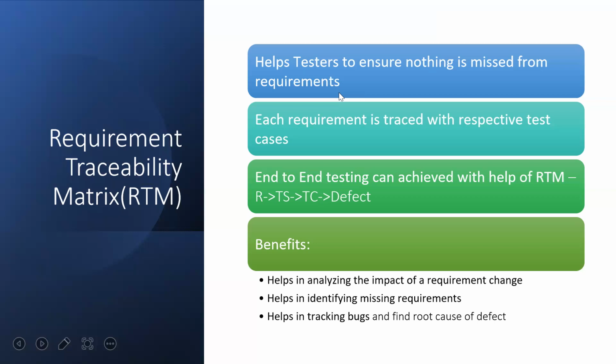Hope you understand, right? Do you people understand? So it helps testers to ensure nothing is missed from the requirement. Now each requirement is traced with respective test cases, so it will be mapped with each test case.